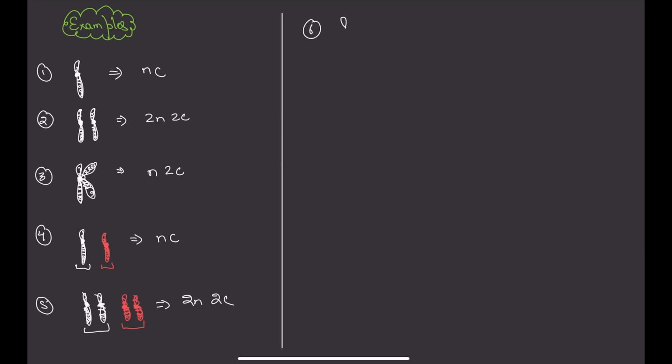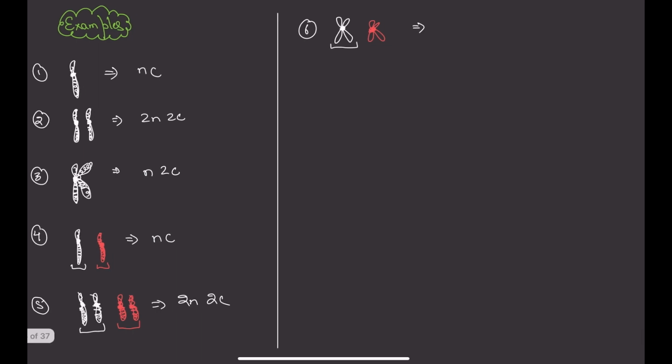Let's say the condition is this now. So here again, look at the chromosome. Since there is one centromere here and another centromere here, it is one chromosome of each type. So this is one chromosome, and this is another chromosome. That is why the condition becomes n.